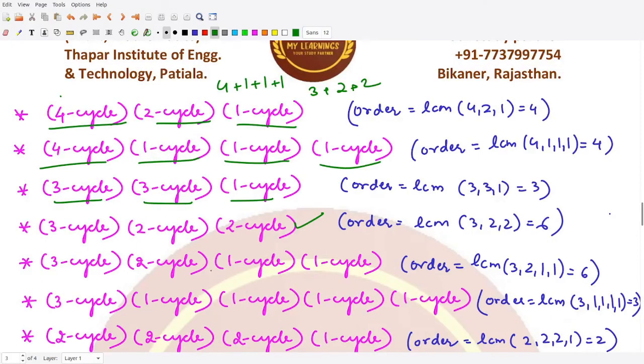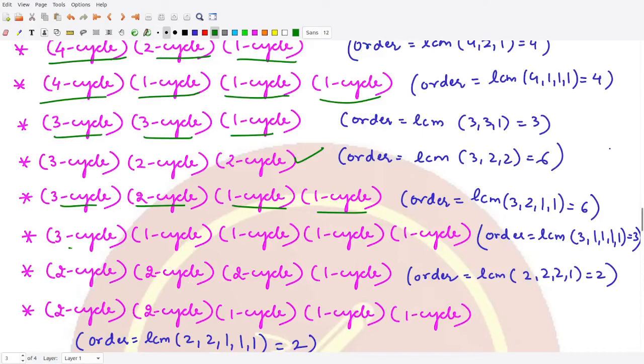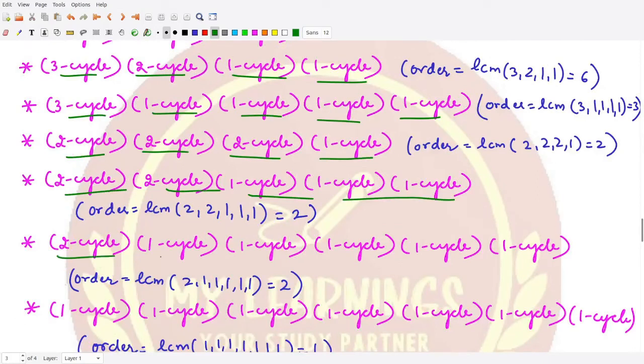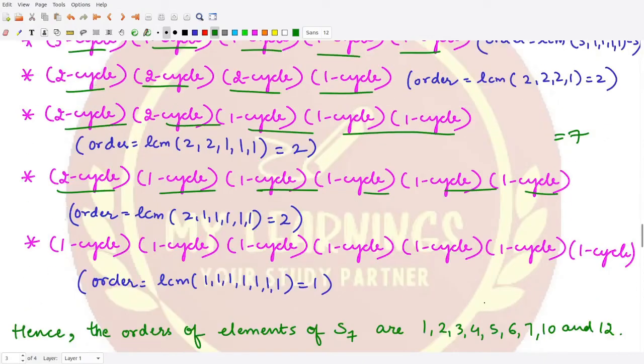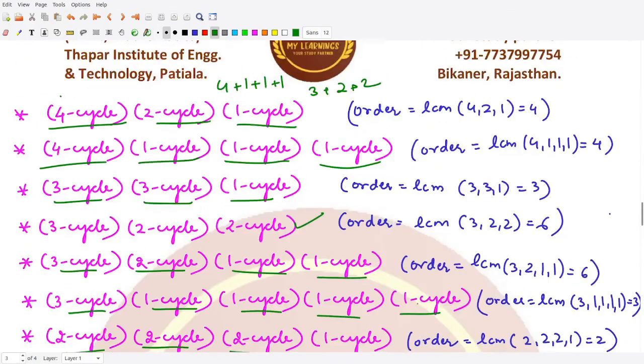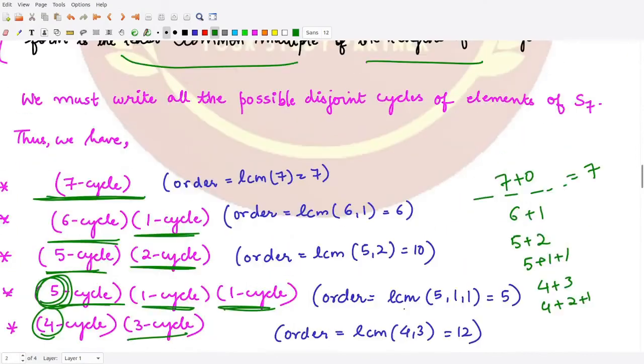Then 3 plus 2 plus 1 plus 1, that gives you 7. Then 3 plus 1 plus 1 plus 1 plus 1. Then 2 plus 2 plus 2 plus 1. And 2, 2, 1, 1, 1. And then we have a 2 cycle and five 1 cycles. Then you have 1 seven times, which is the identity. So these many possible partitions exist of the number 7.